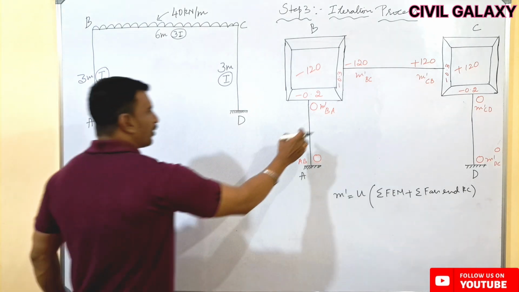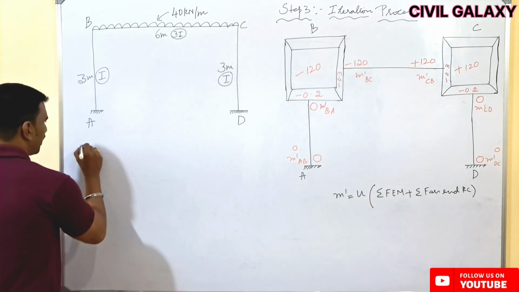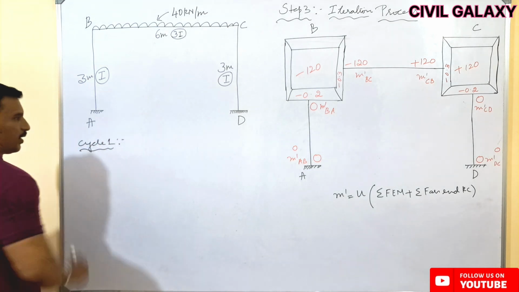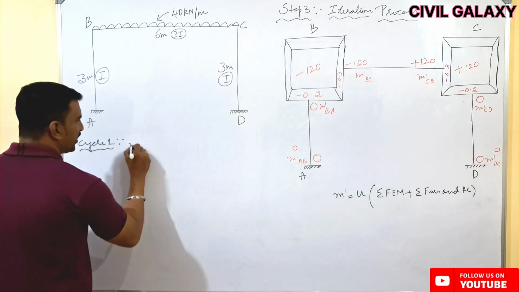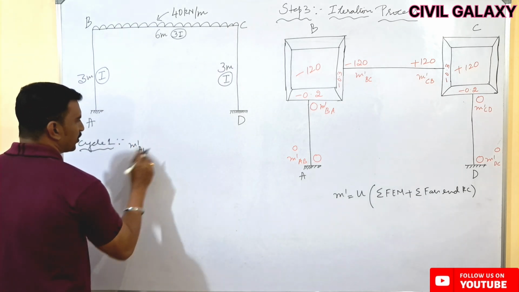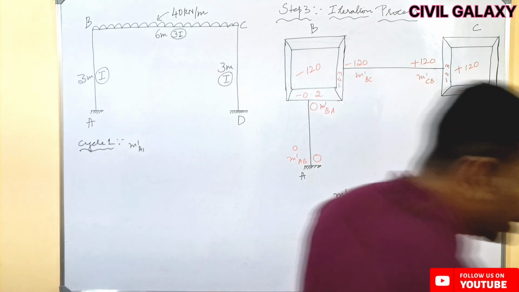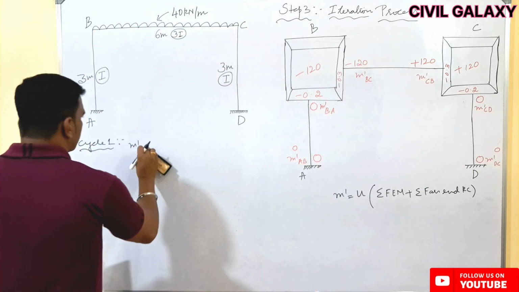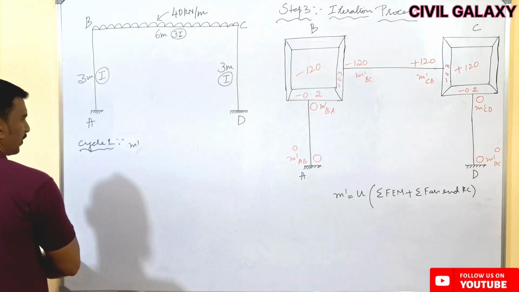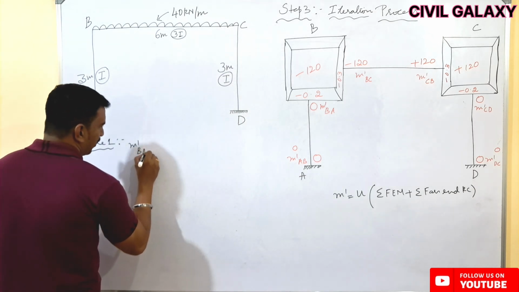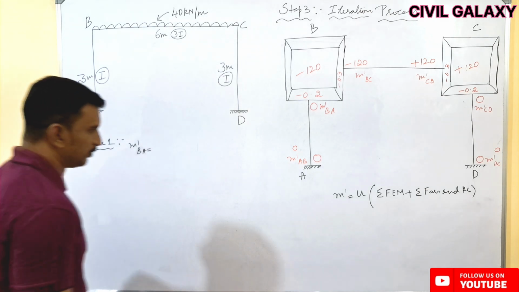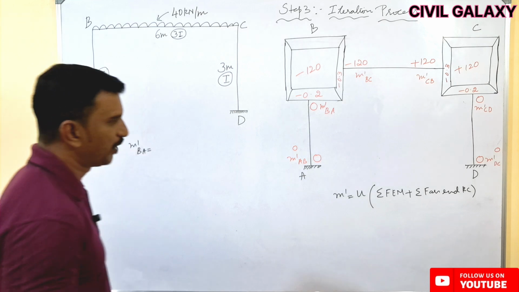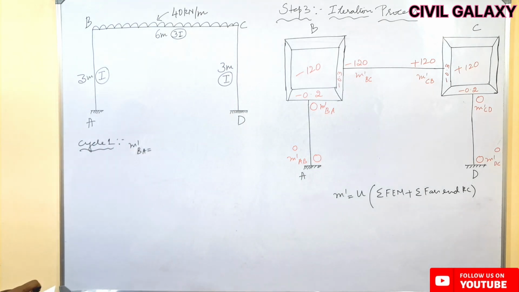Now if we calculate the rotation contribution, let us call it cycle 1 of the iteration process. For cycle 1, m dash BA will be equal to, by the formula, U into summation of fixed end moment plus summation of far end rotation contributions.